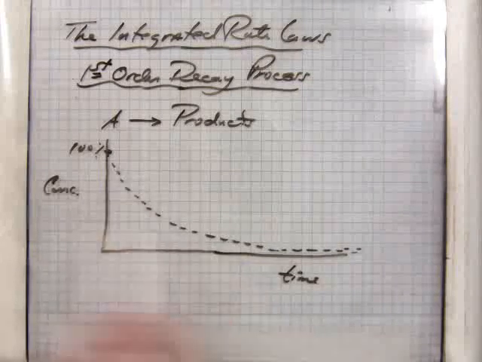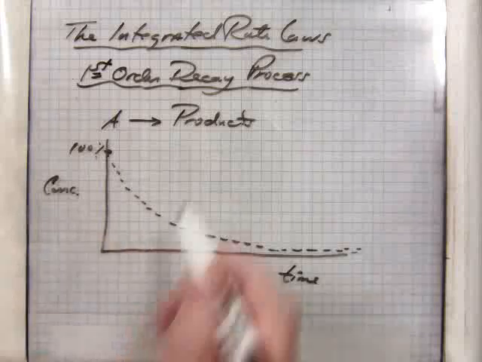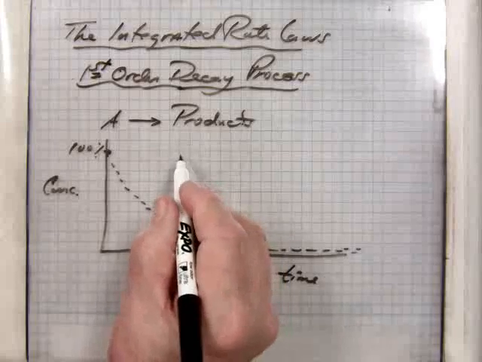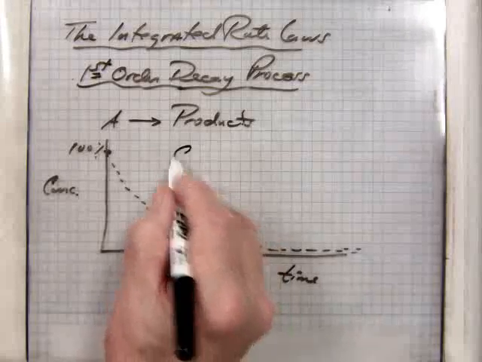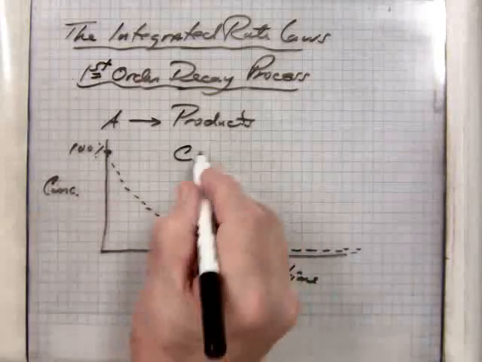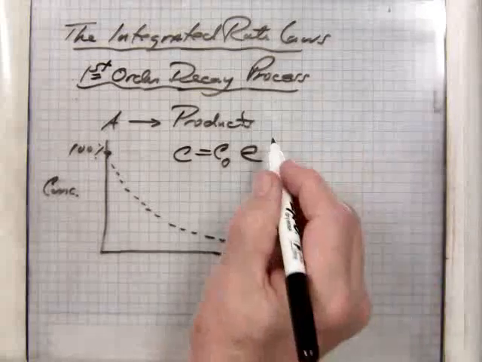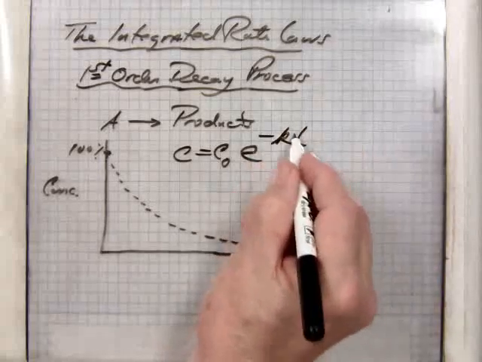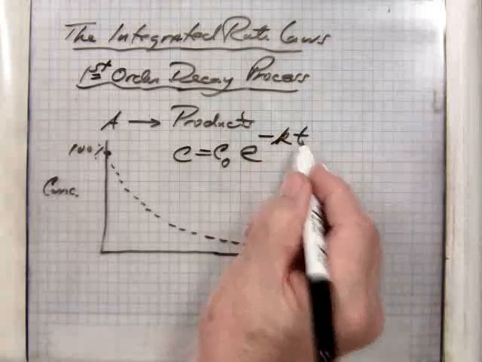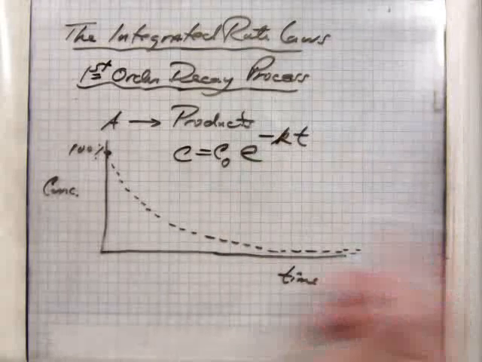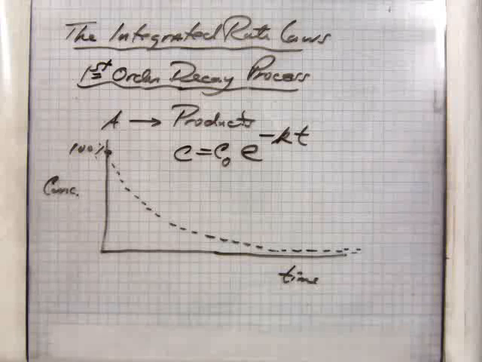Well, the expression that defines this trend is called the first order decay equation, and has a form of C, being concentration, equals C sub O times e to the minus kt, where k is the rate constant and t is time. It's not real complicated, but this is a very classic type curve and equation, and I'm showing you how to use it to your advantage.